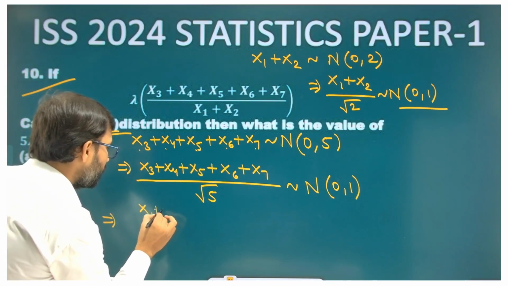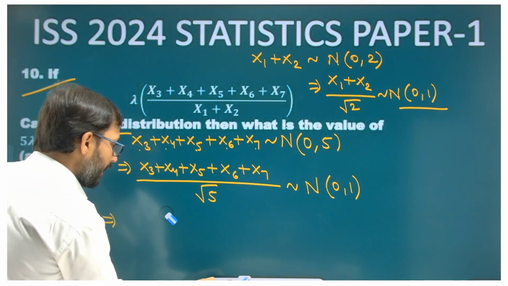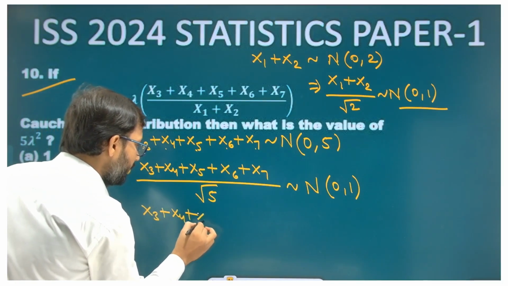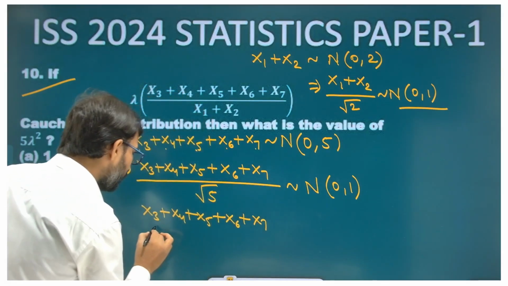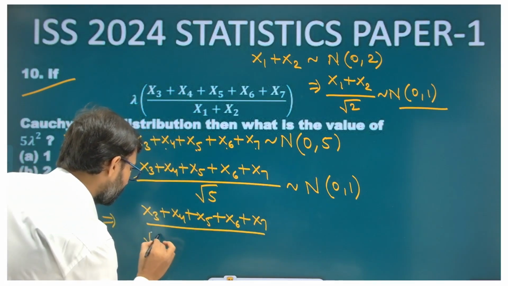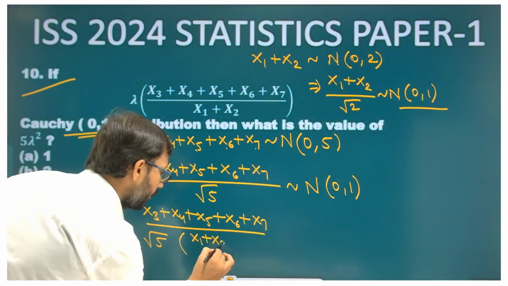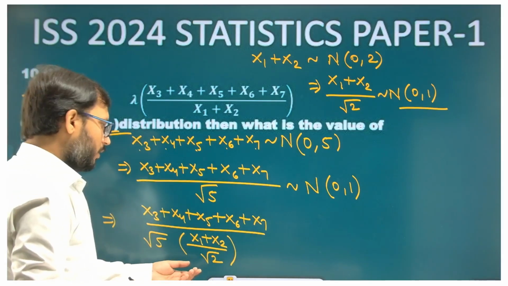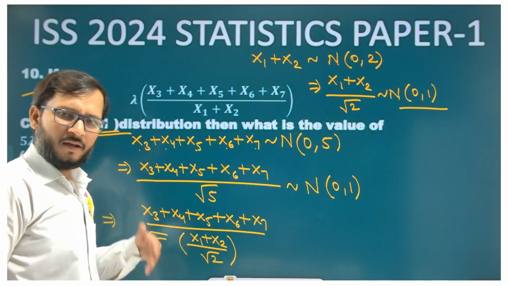So what we will get is x3 plus x4 plus x5 plus x6 plus x7 upon root 5, into x1 plus x2 upon root 2. But you know already that the denominator of the denominator is the numerator.